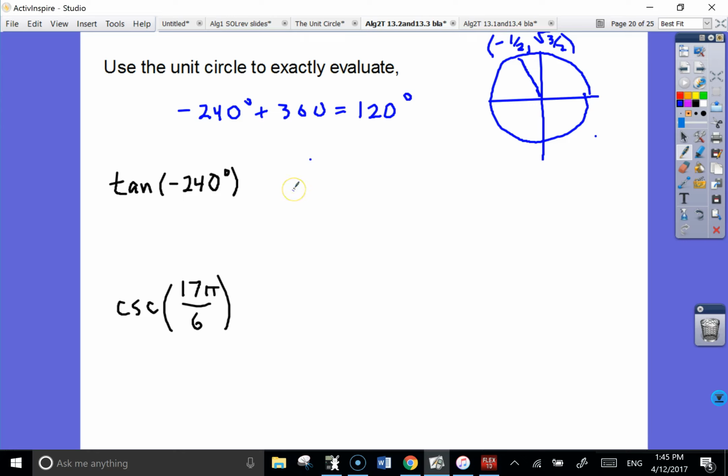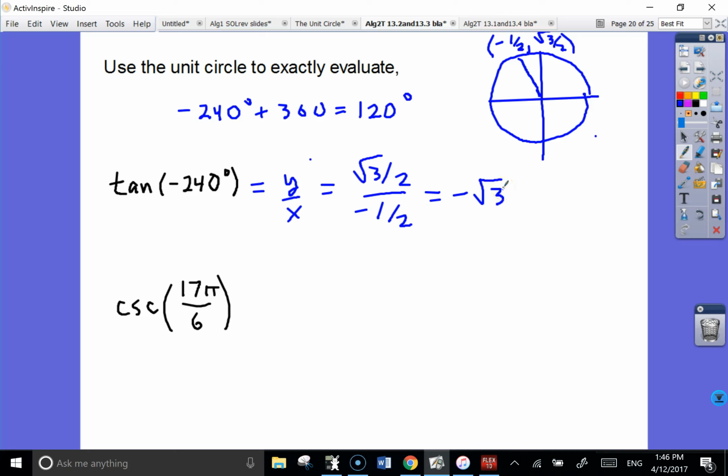We just need the tangent, which is y divided by x, root 3 over 2 divided by negative 1/2, which is negative square root of 3.